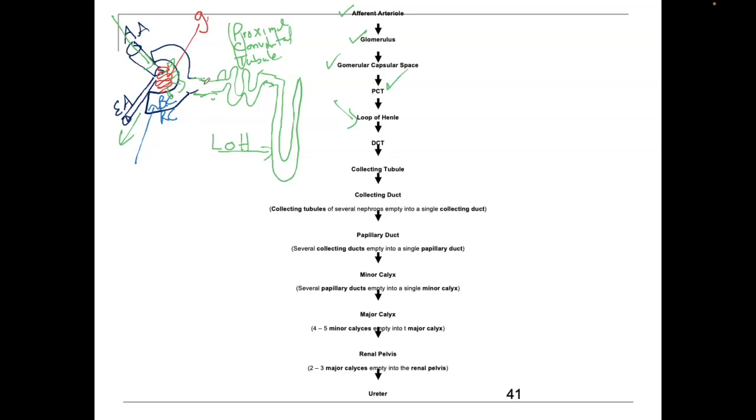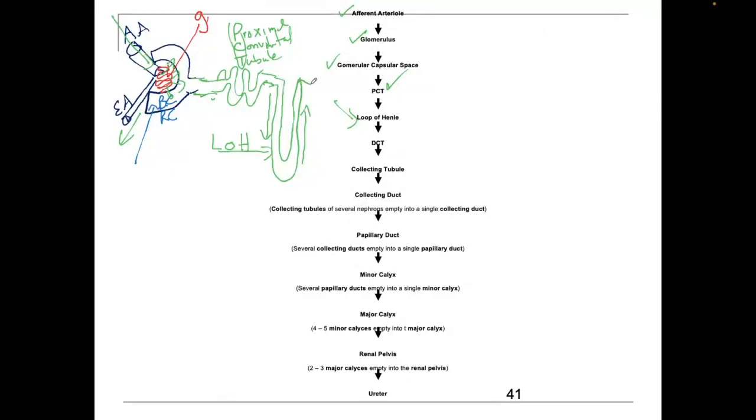So it's going this direction. We're coming in here through the proximal convoluted tubule. Then it goes down this way. It descends into the loop of Henle. This is the loop. Then it comes up. It ascends. Sometimes they call this the descending limb, and they call this the ascending limb of the loop of Henle.